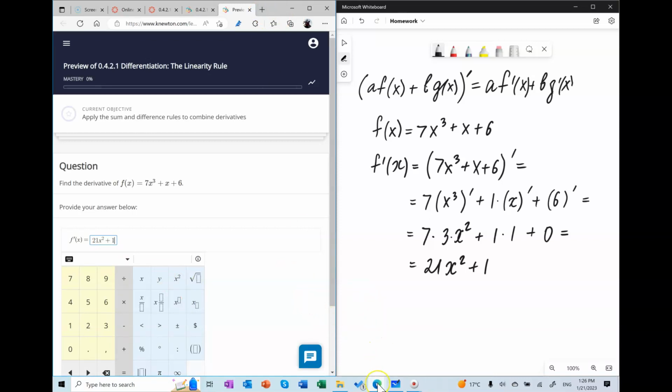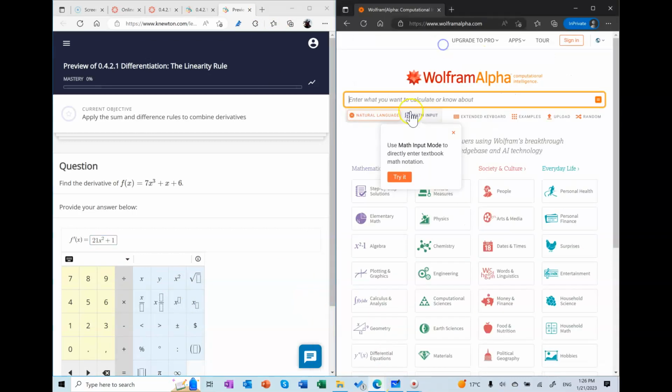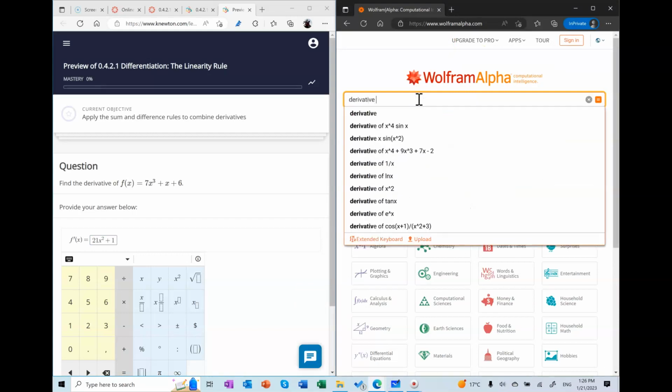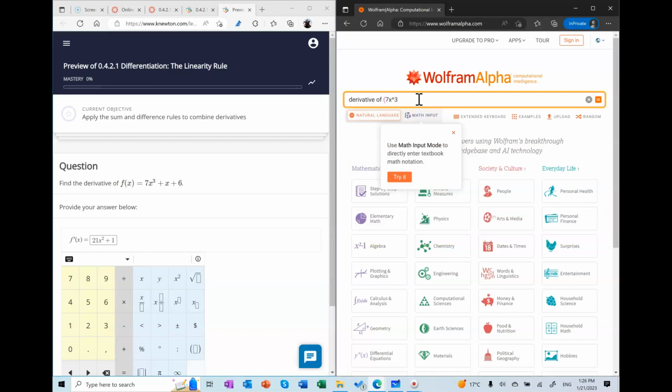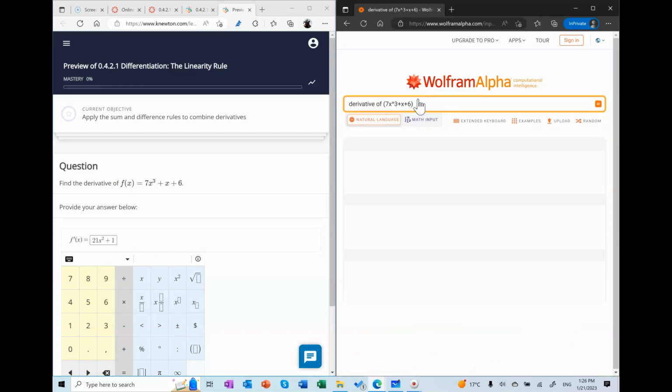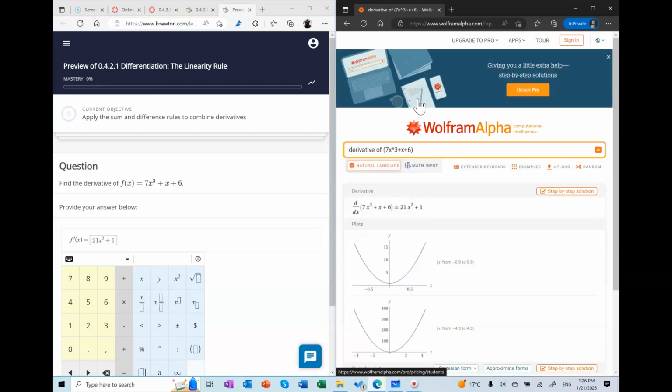If you ever have to check your work, if you have doubts about whether you found it correctly, you can always just open Wolfram Alpha and type derivative of and type your function. And I believe it will find the derivative. Now remember, in this class, you're allowed to use technology to perform pre-calculus tasks.